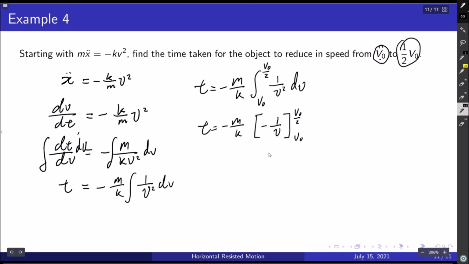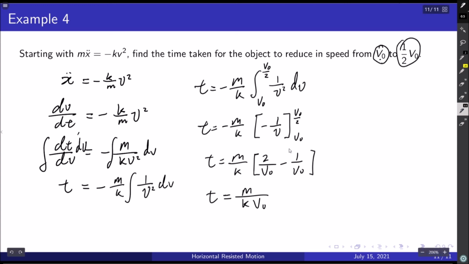And of course the negatives cancel out, so you end up with t equals m over k times, 1 over v0 over 2, so it's 2 over v0 minus 1 over v0, so t equals m over k v0. And that's our answer.